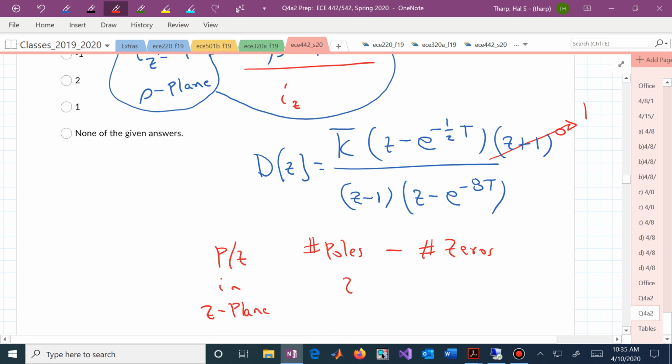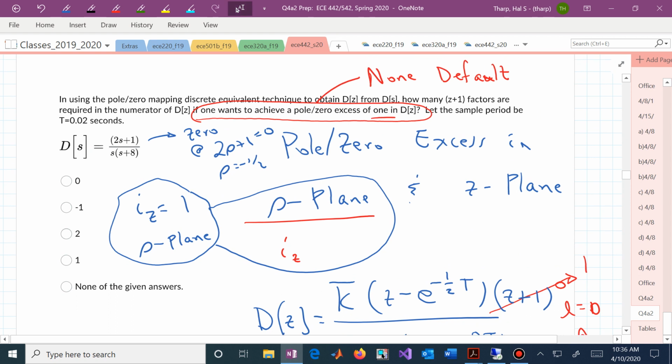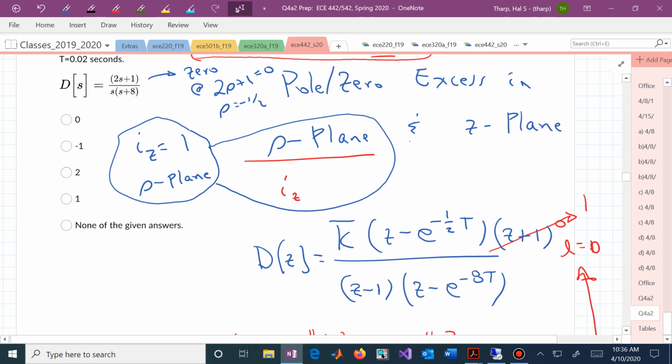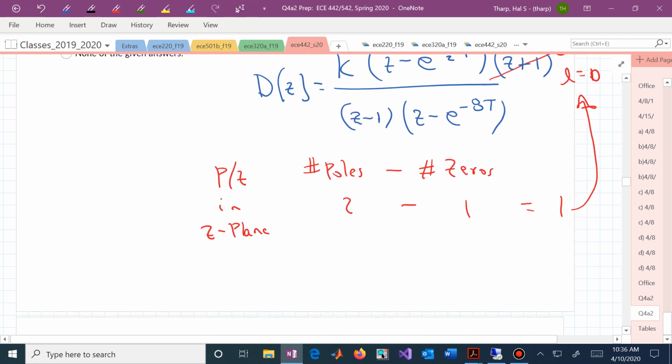Here I have now 2 minus 1, and that's now 1 if I let L equal to 0. So in this case, it's asking you how many of these z plus 1 factors are required in the numerator of D of z. Hopefully now you see that you want no factors of z plus 1 in that transfer function.